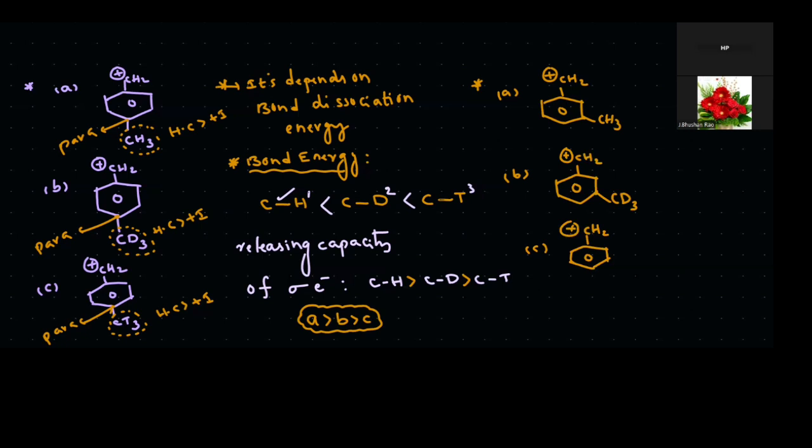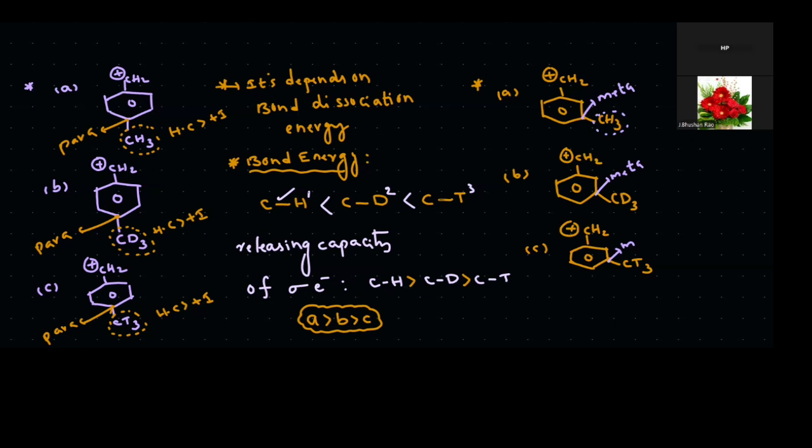So the difference is very important now. In the before case, this one had a para position. Now here the CH3 group's position is meta. This one also meta. This one also meta position.